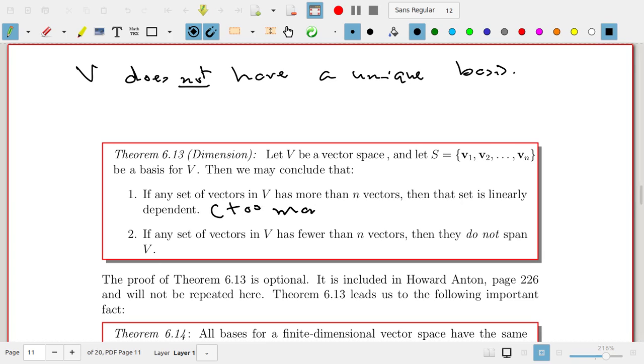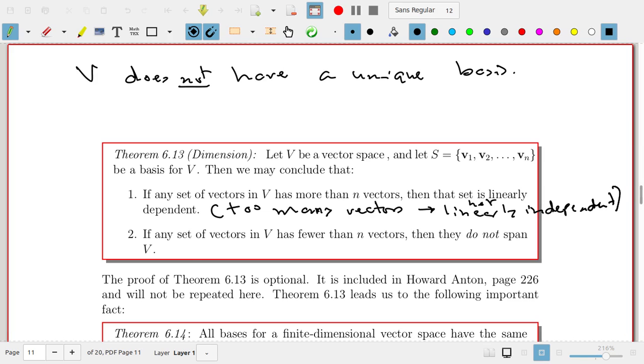So if you have too many vectors, this leads to the problem of linear dependence, so the set is not linearly independent.